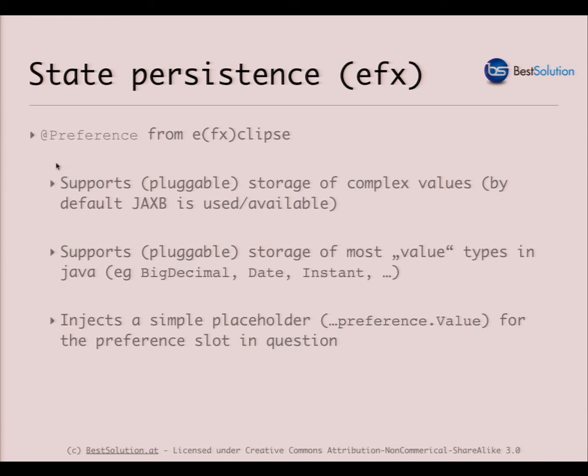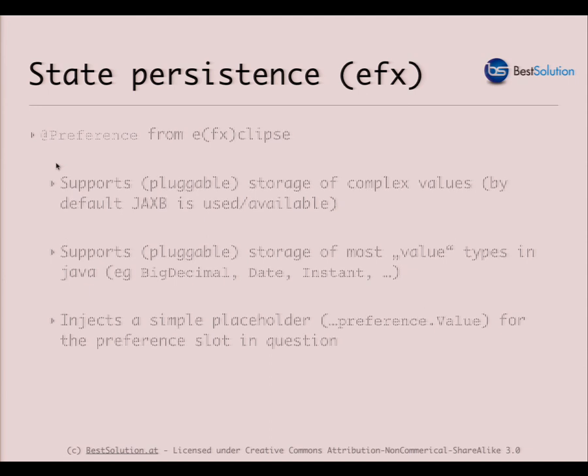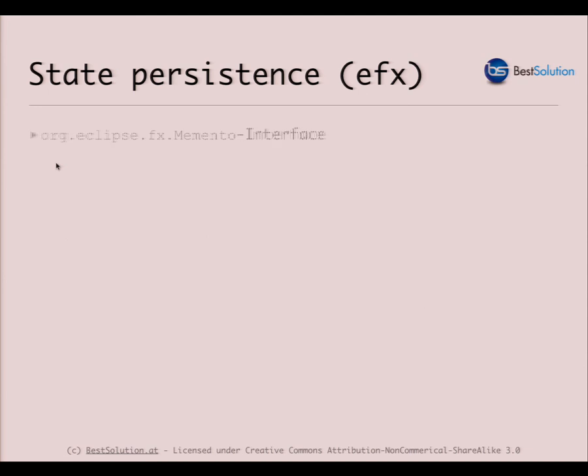And it injects a placeholder once more, instead of needing access to IEclipsePreferences with all its dependencies. I get a very slim interface injected that allows me to do the publishing and retrieving. For UI state, we have an interface called Memento. No external dependencies.